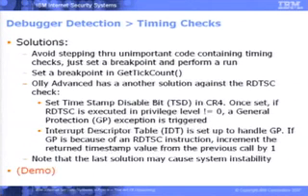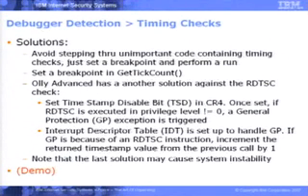It also hooks the interrupt descriptor table so that the general protection fault is handled. If the general protection fault is because of an RDTSC instruction, it will just increment the previously returned timestamp by 1.